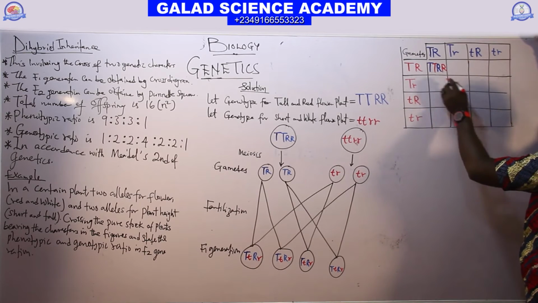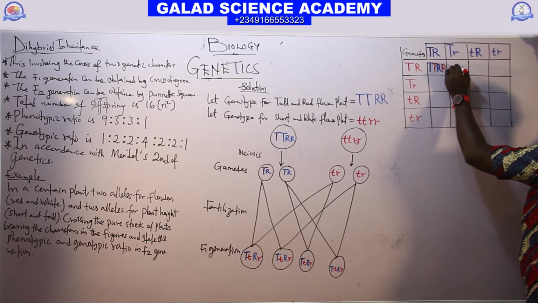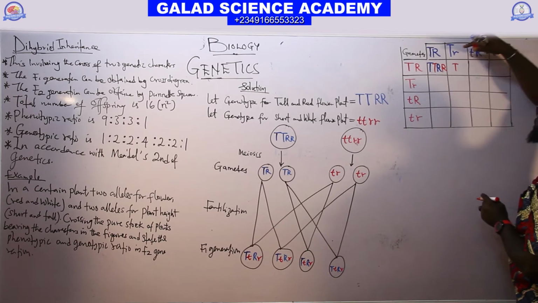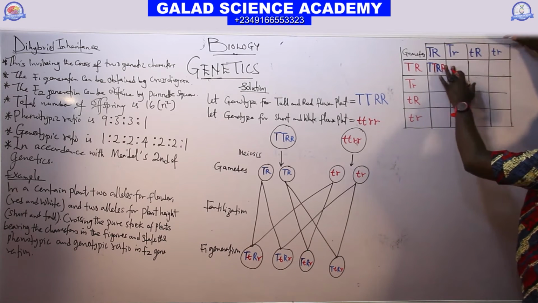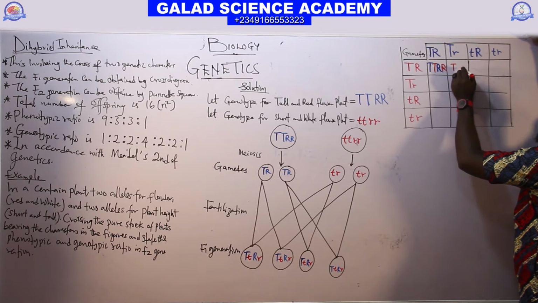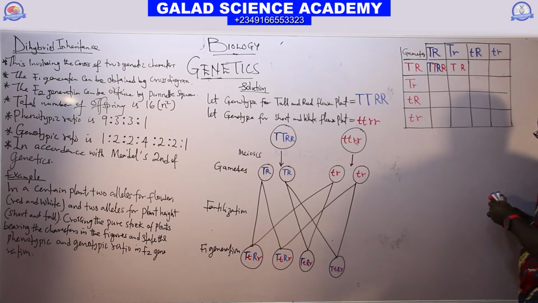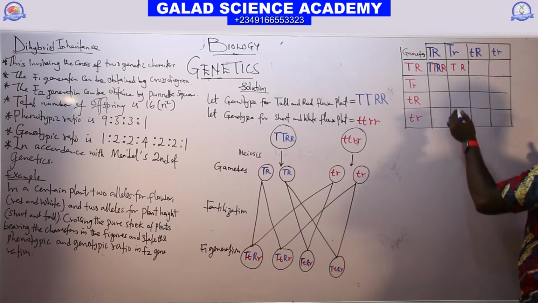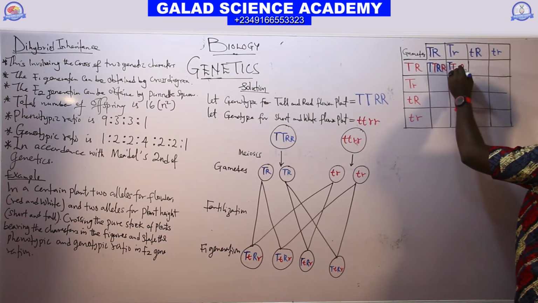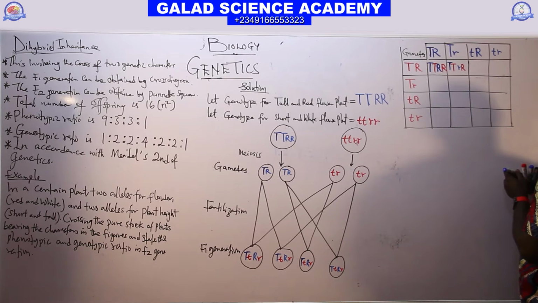Likewise, this one too, we have T and R. We have it in this form. That will be T small r.